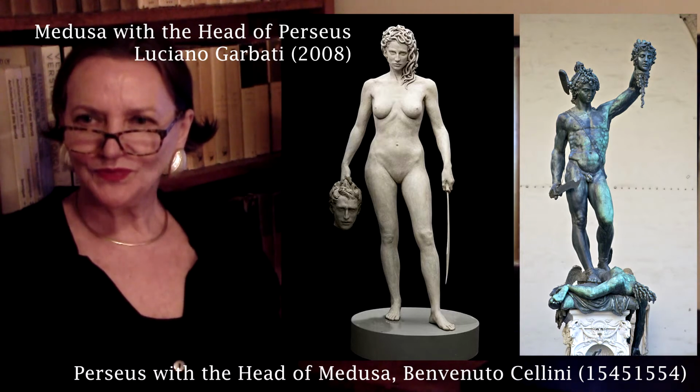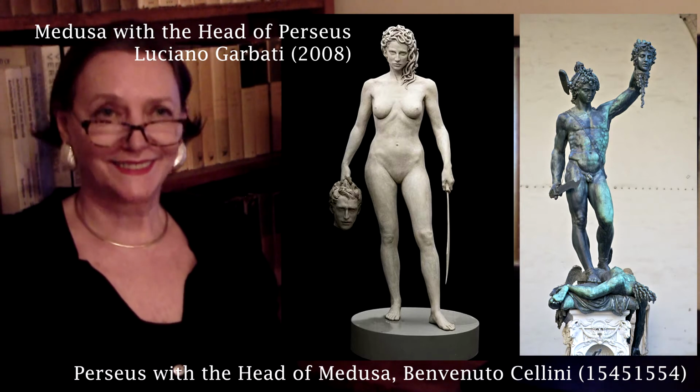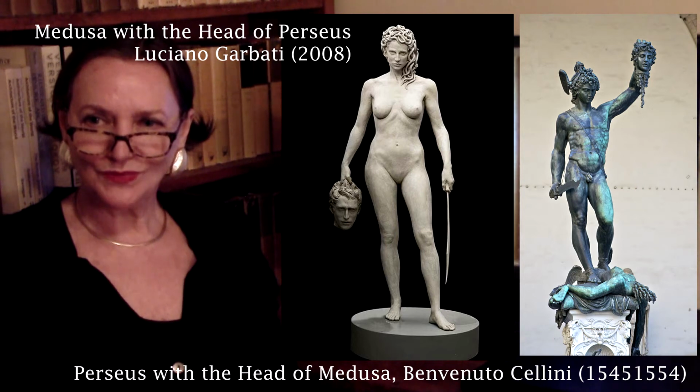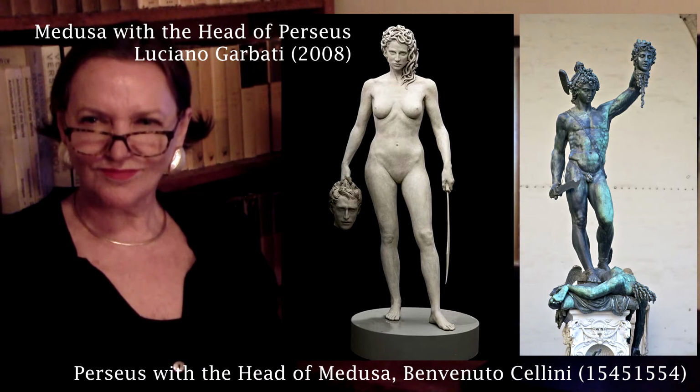Yeah, Cellini's Perseus with the head of Medusa. He did a parallel sculpture to that with Medusa with the head of Perseus. Huh. But instead of Medusa holding up the head of Perseus like a trophy and with bravura the way that Perseus holds up her head, she's holding his head down at her hip, not as a trophy, but just because she's tired. Mm.